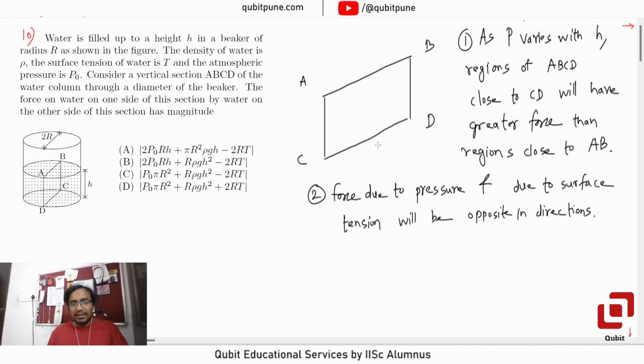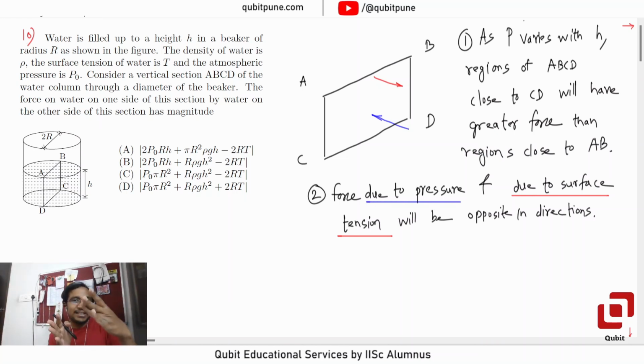So if we are considering the direction of the force due to pressure like this, then we have to consider the force due to surface tension in this direction. So obviously the surface tension will have a negative sign.